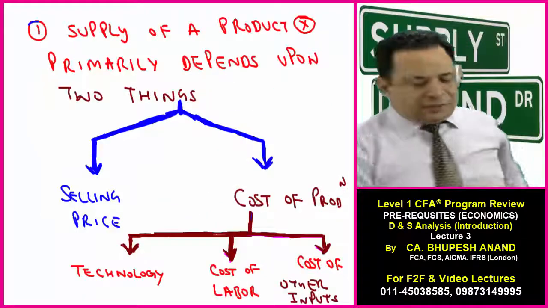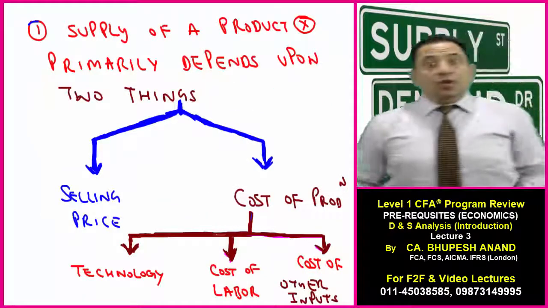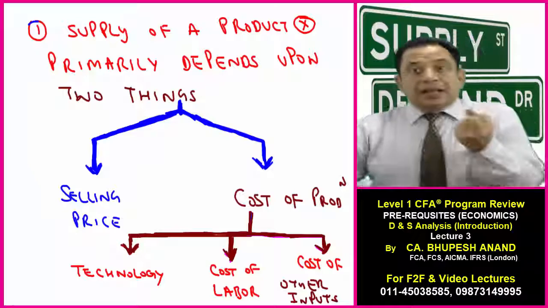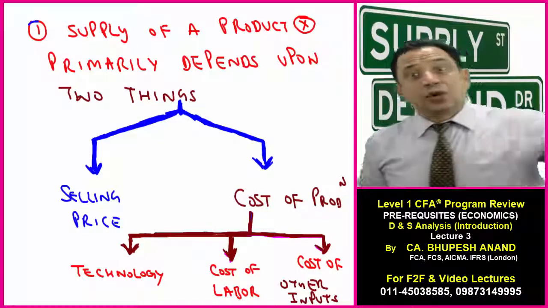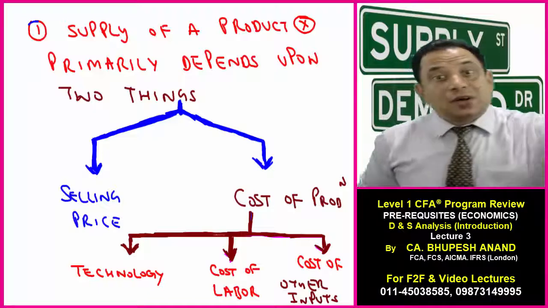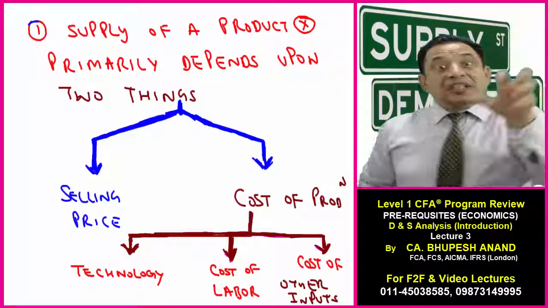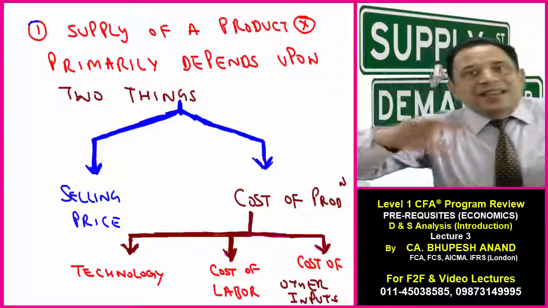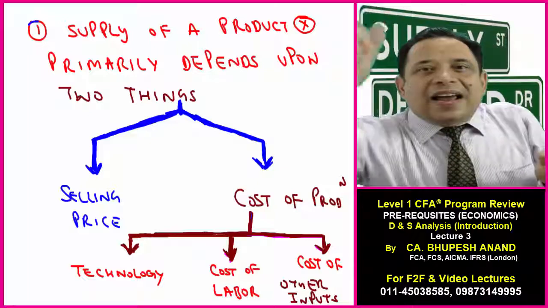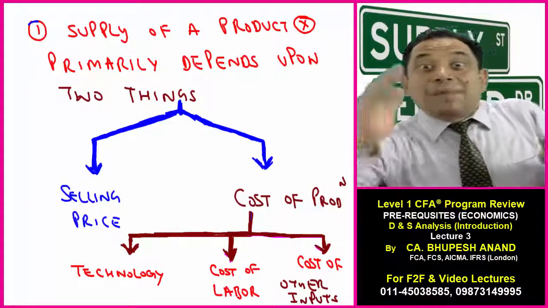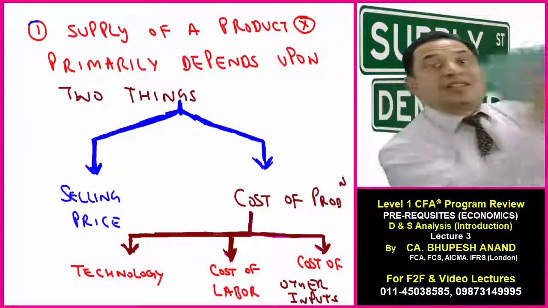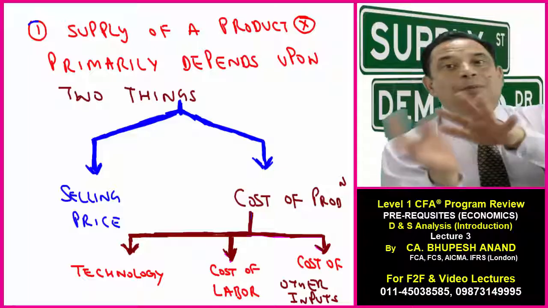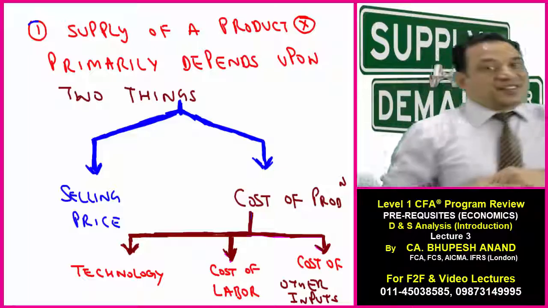The first point which I want to tell you now: what is the meaning of supply? The producer supplies the goods, the consumer demands the goods, and we have seen the demand of a good or a product is dependent upon certain variables. Similarly, supply of goods by a producer to the product market depends upon different factors.